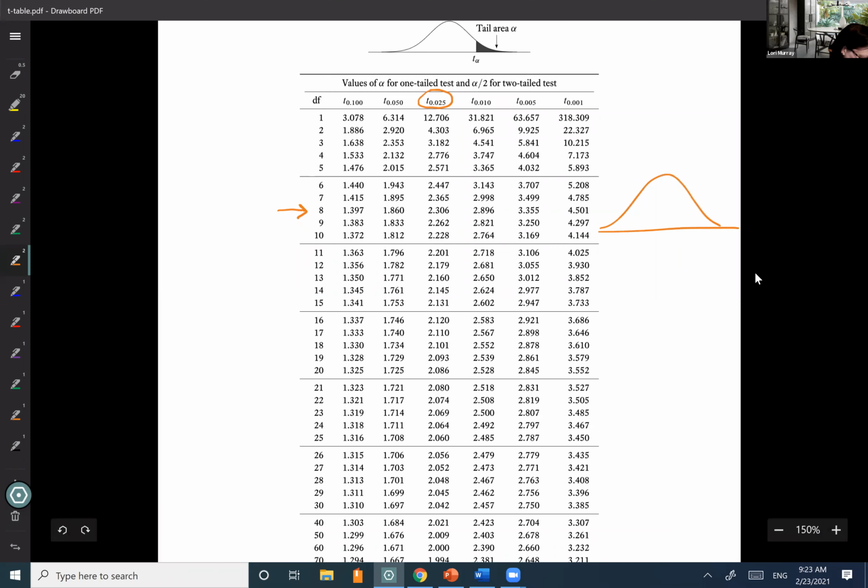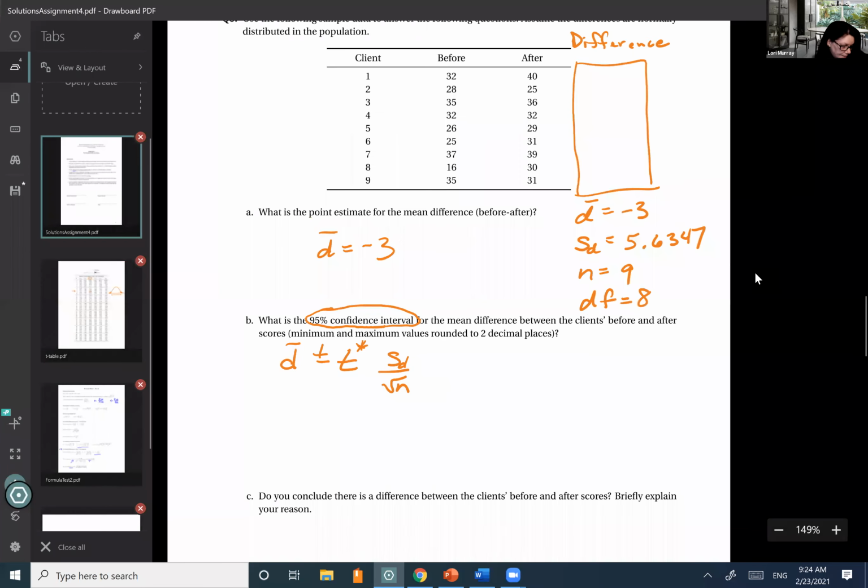We're going to have this 2.5% in each tail, and the confidence interval will be 95%. So we're going to use that value right there, 2.306. Okay, so that's how you find the values for the confidence intervals. It's a good review for that.